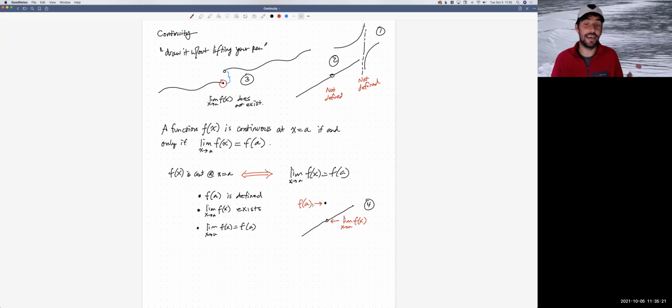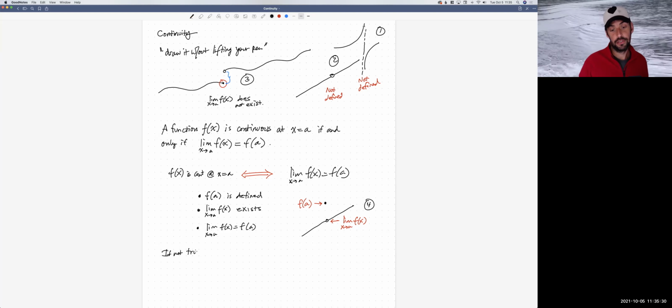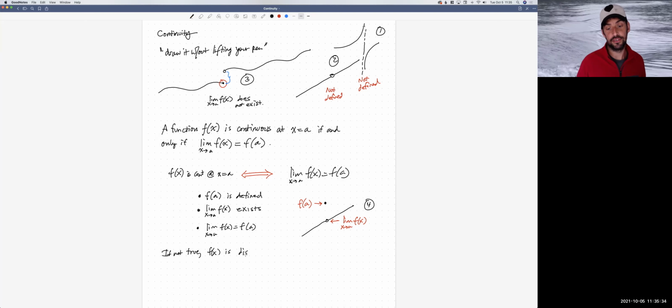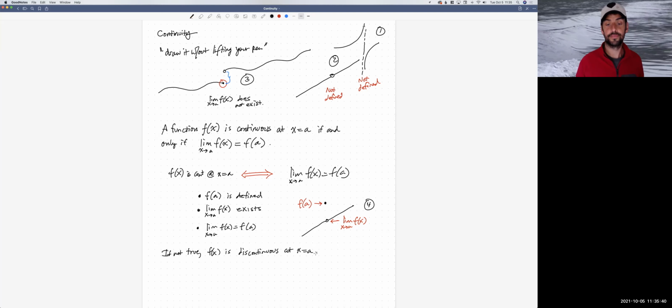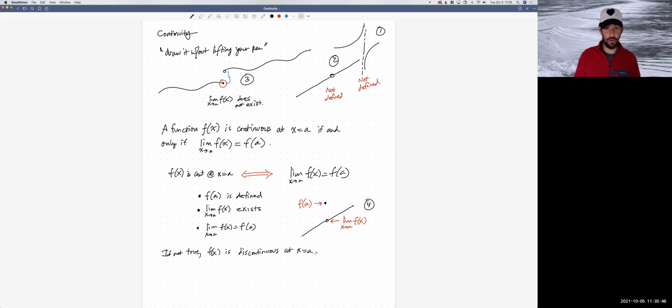These are three ways continuity can break. When we don't have continuity, when this is not true, f of x is discontinuous at x equals a. Okay. Now, in all 4 of these cases that I've drawn here, at the other points I've drawn, we have continuity, right?